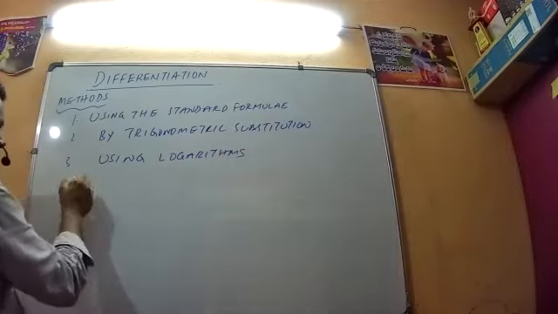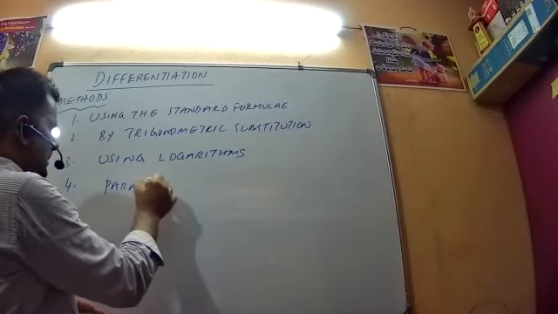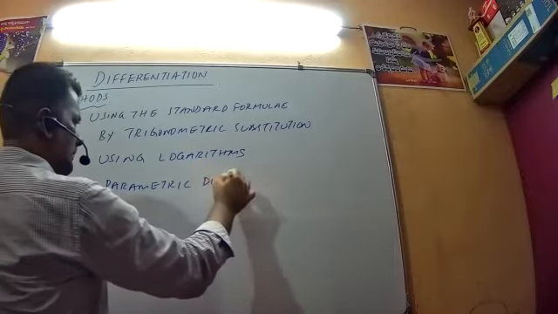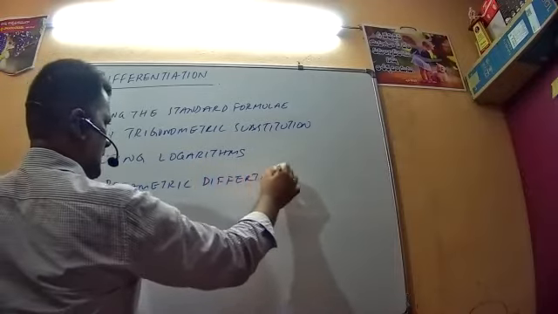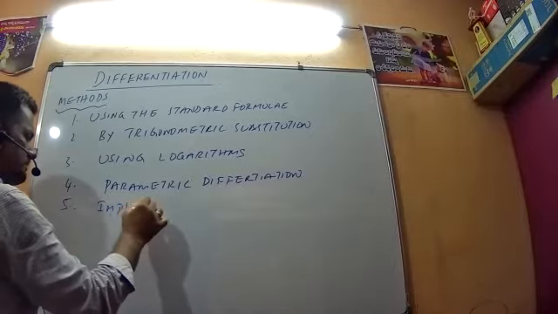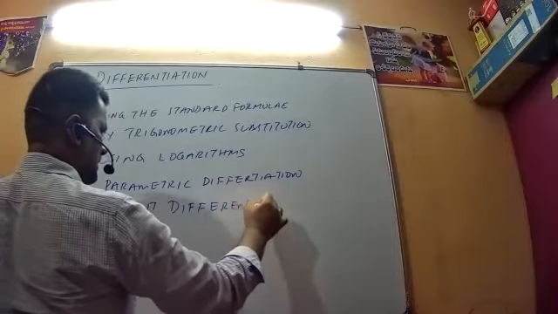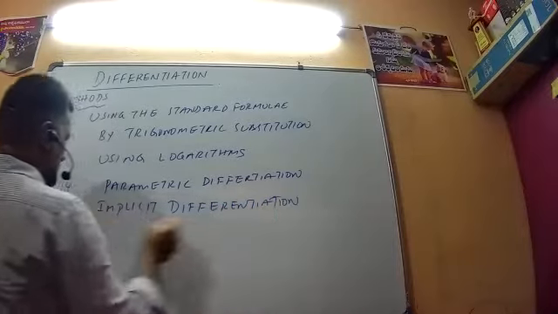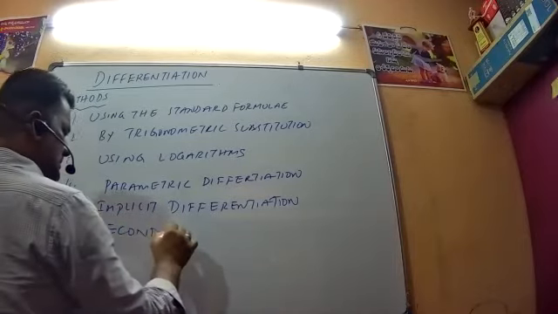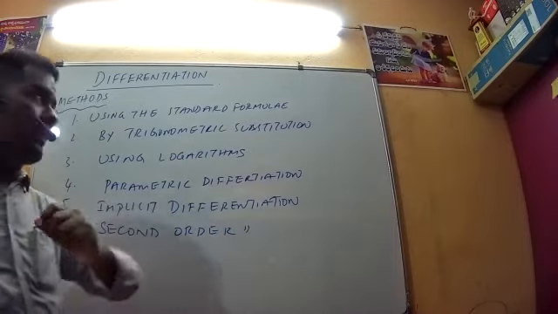The fourth one is parametric differentiation. Fifth one is implicit differentiation. And the last one will be second order differentiation. So these are the methods to find the derivative of a given function.